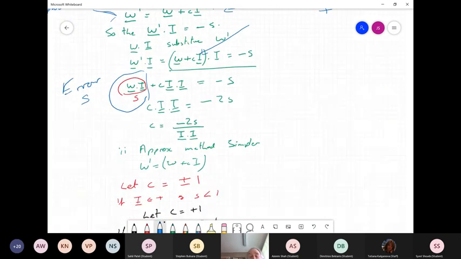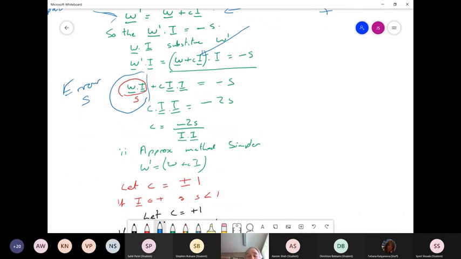And rearranging this equation, this is the correction factor.